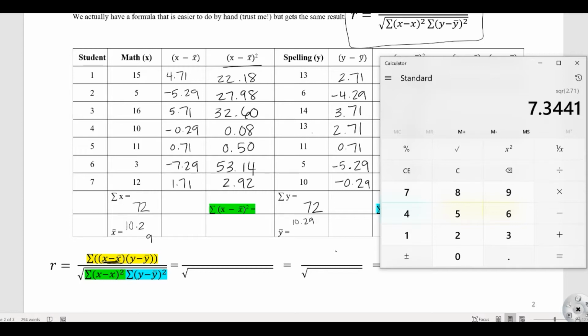So now what I want to do is add all of these together, right? So we took x minus the mean, then we squared them all. Now I want to do the sum of squares. That should sound vaguely familiar. So the sum of squares down here. Adding together 22.18, 27.98 plus 32.6 plus 0.08 plus 0.5 plus 53.14 plus 2.92, and I get 110.4.